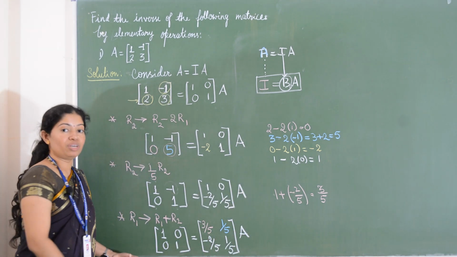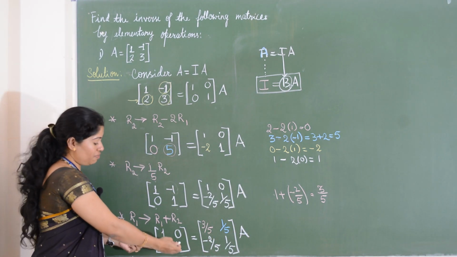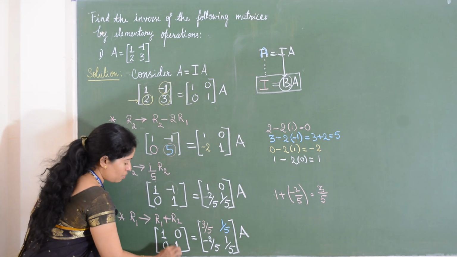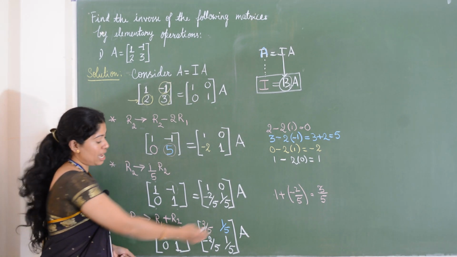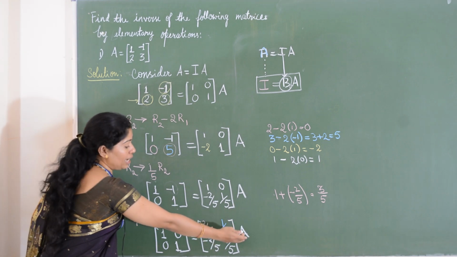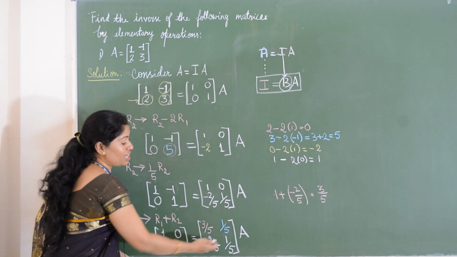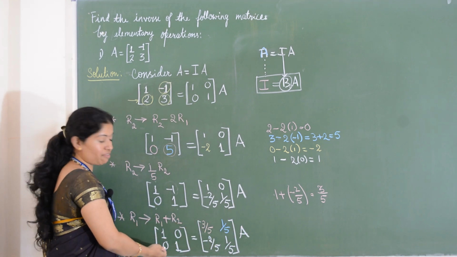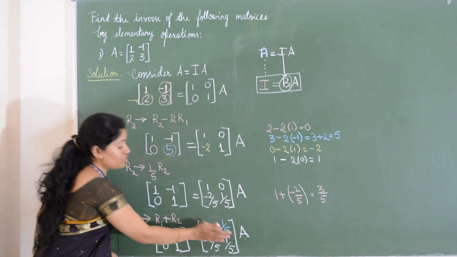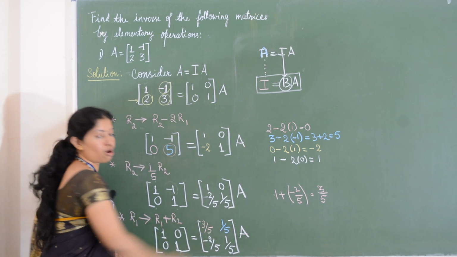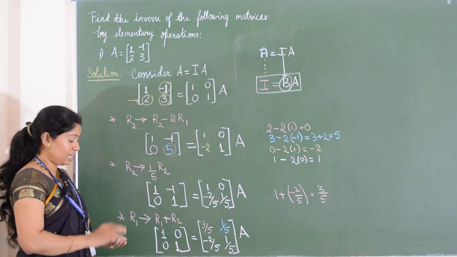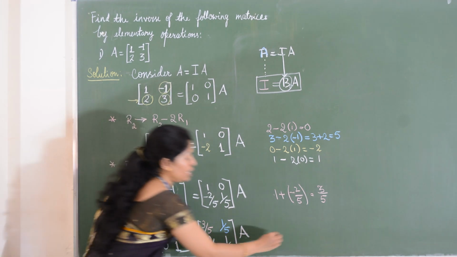So finally what we got here? Left side we got the identity matrix with entries 1, 0, 0, 1, and right hand side we have A into this matrix. So multiplication of these two matrices gave us an identity, which means this should be the inverse of matrix A. So finally you need to write A inverse.